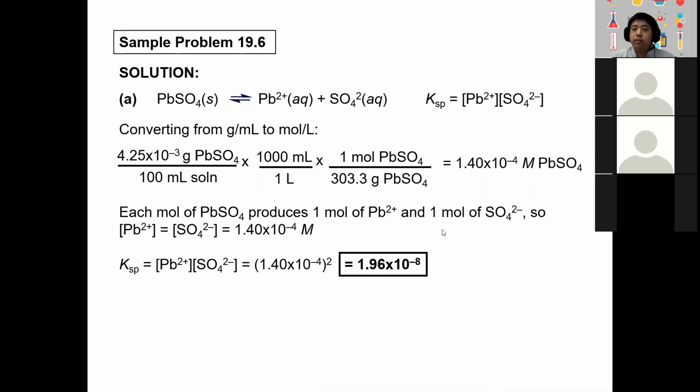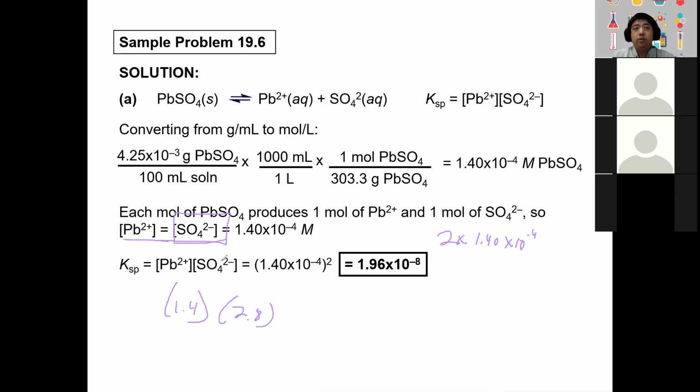That's a question. Sure. So for example, if SO4 had a 2 in front of it, we would have to multiply by 2 to get the concentration. Yes. So these wouldn't be equal to each other, right? This one right here would just be 2 times 1.4 times 10 to the negative 4. Essentially you would have that first one, 1.4, and then this one will be whatever double that is, so 2.8.